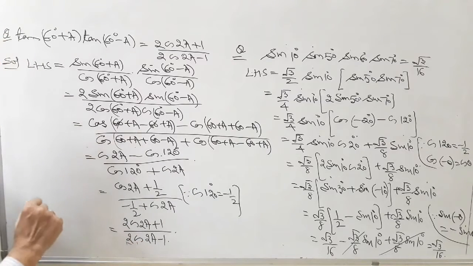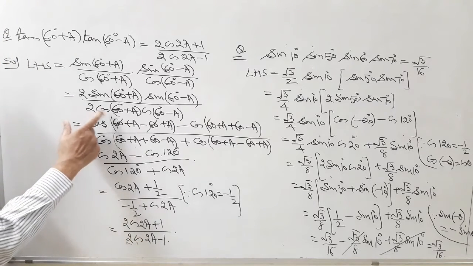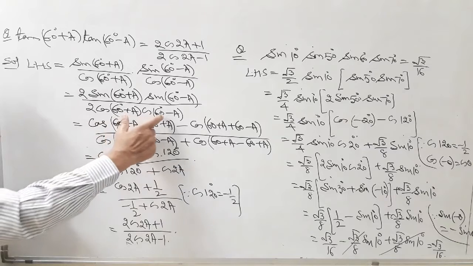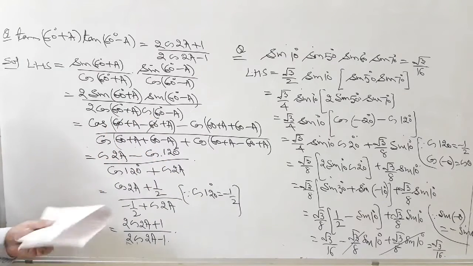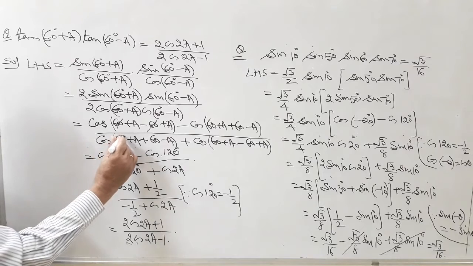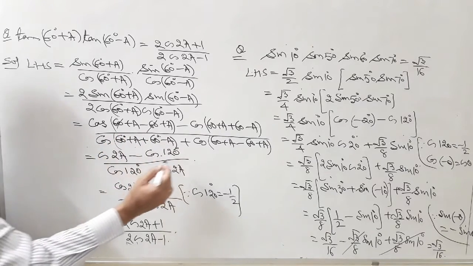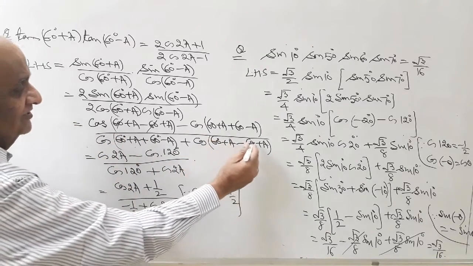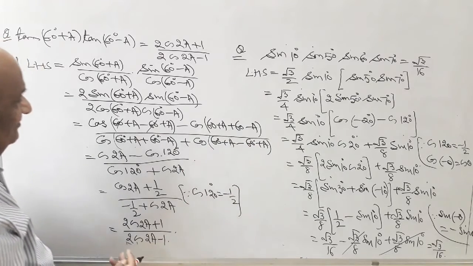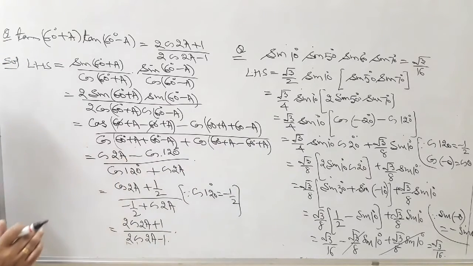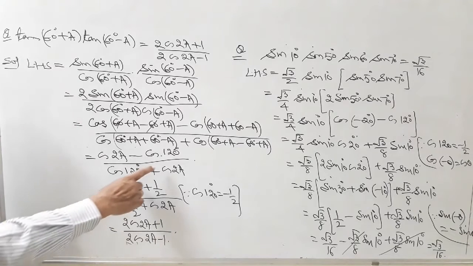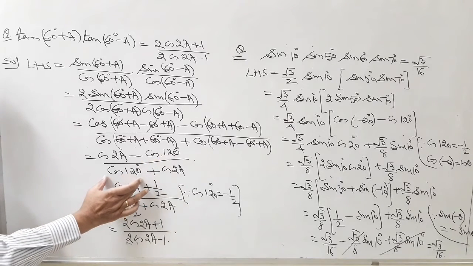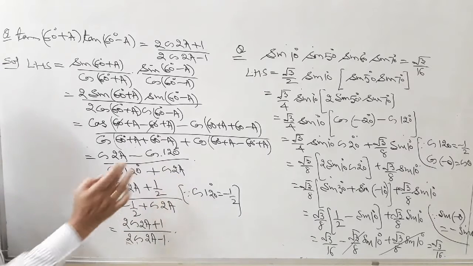Similarly in the denominator, the third formula, 2 cos A cos B is cos(A plus B) plus cos(A minus B). So when you simplify, it is cos 2A minus cos 120 upon cos 120 plus cos 2A.